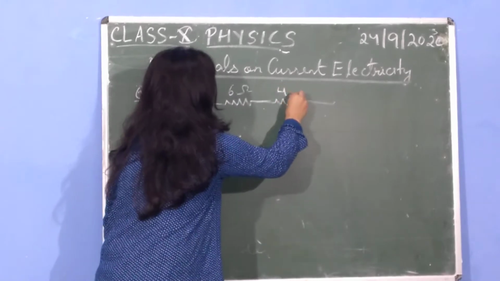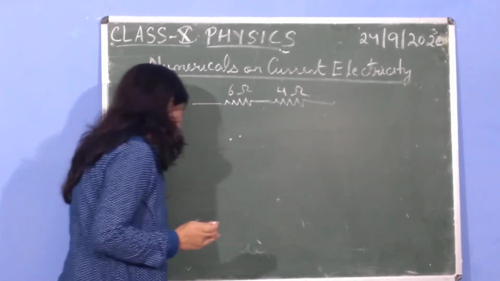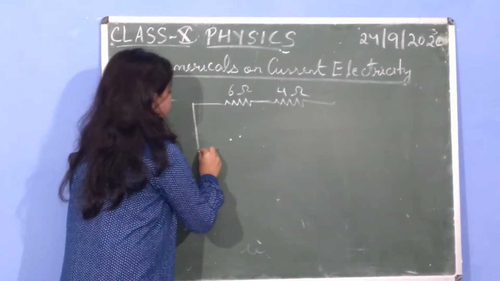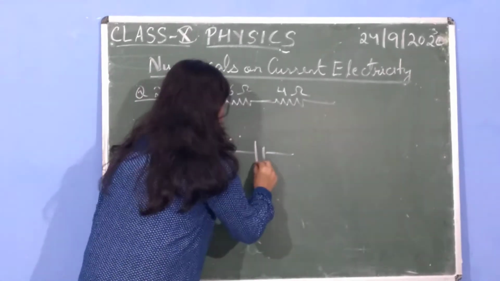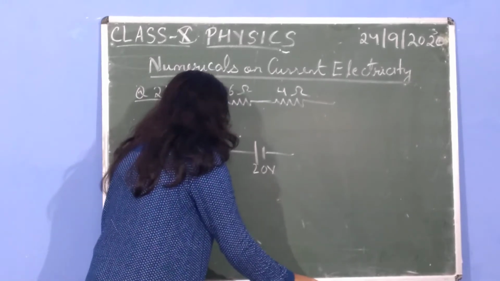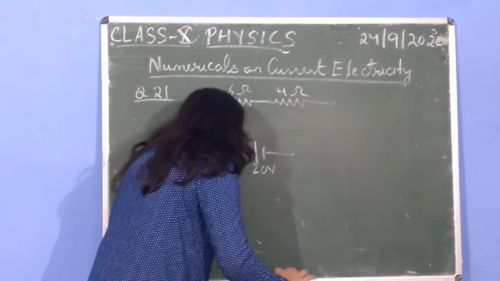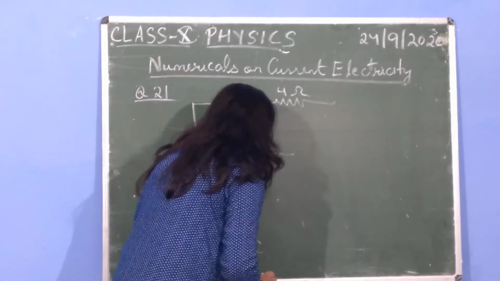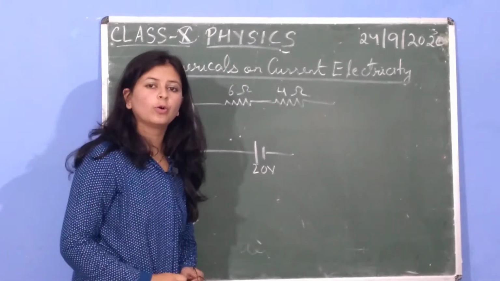A potential difference of 20 volt is applied across the combination. So, this entire combination has a potential difference of 20 volt applied. You need to calculate, in part 1, the current in the circuit, and in the second part, the potential difference across the 6 ohm resistor.